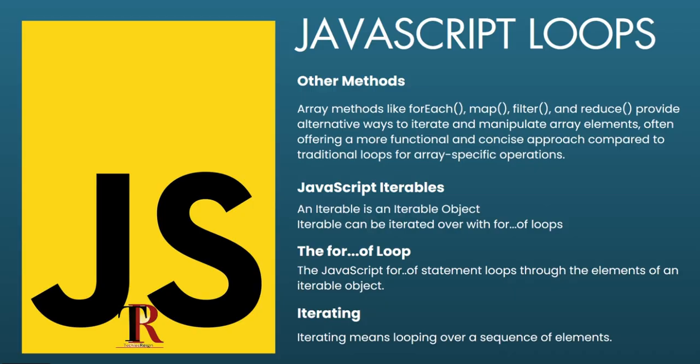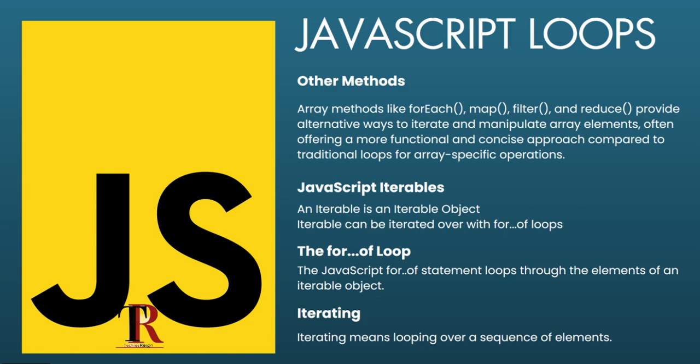So this is even telling us that, when you use these methods with arrays, they provide a more functional and concise approach compared to the traditional methods for array-specific operations. So iterating over objects is not limited to just for, for in, or for of loops.